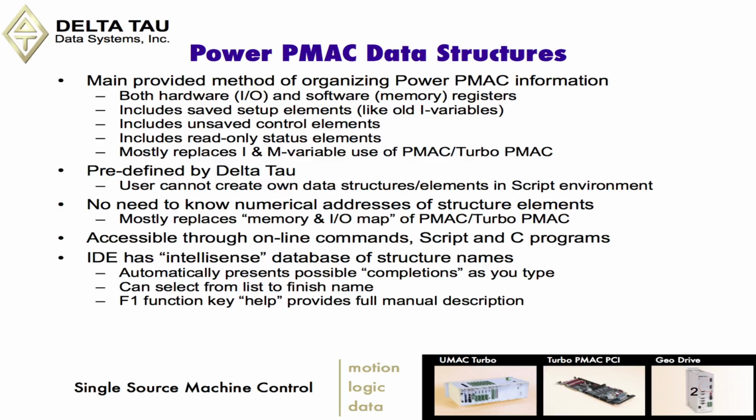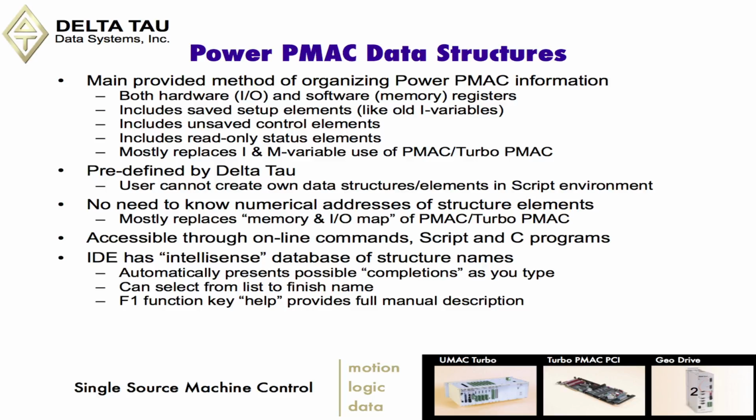Let's say the current motor velocity is not something you would ever write to, because it's telling you what the motor velocity is, or the motor position register. It's a status element. It's not something you would really ever write to, although there are some status elements that you can write to, and that does make sense. We'll talk about those as we go through the various elements here in class.